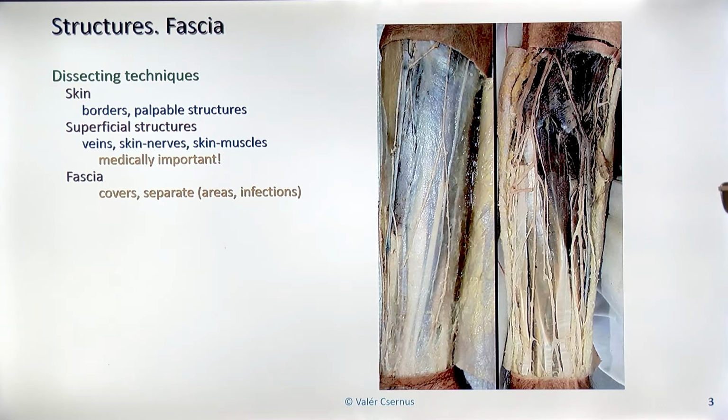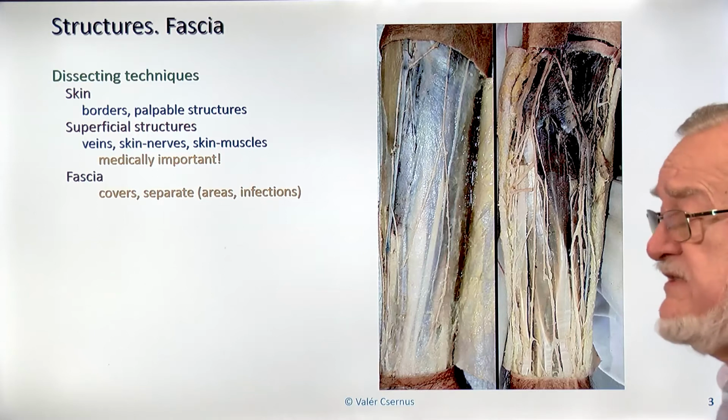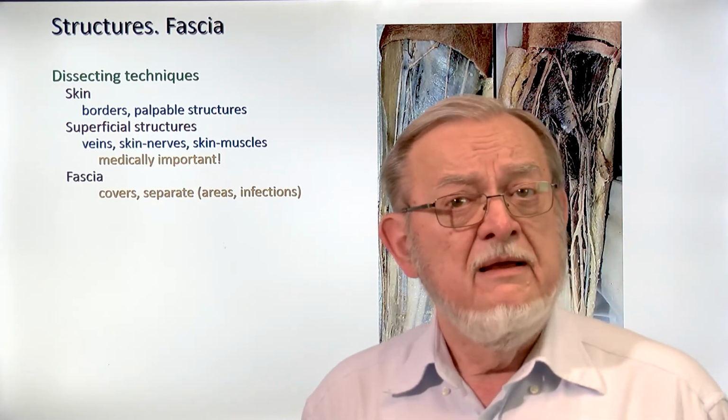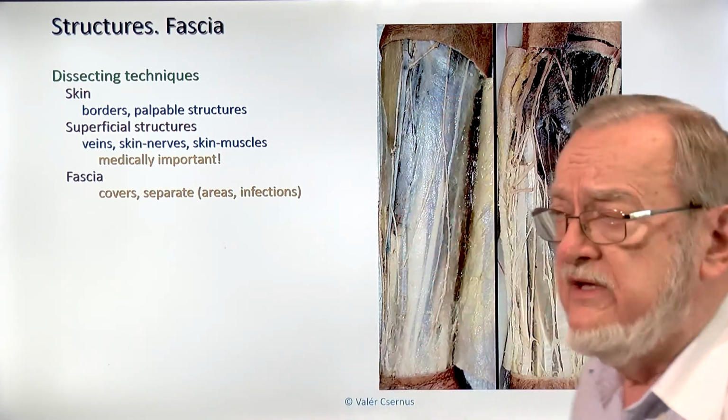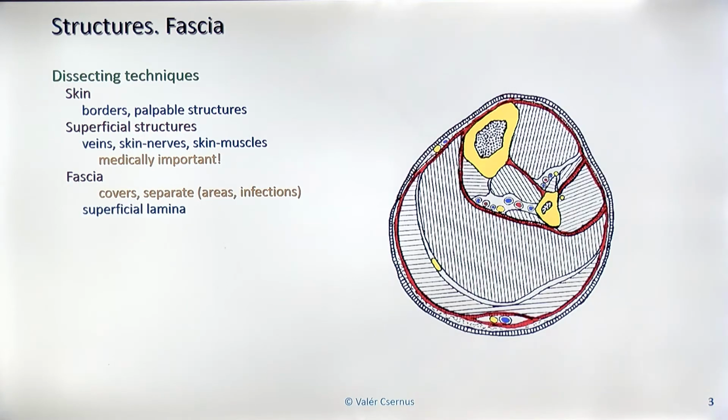This is why it's important when we want to describe the region. The medical significance is that although it's a very thin connective tissue, it very efficiently prevents bacterial penetration. So if you have a bacterial infection, it runs along the fascia, but has difficulties passing through, and using this knowledge we can foretell where and when the bacterial infection will advance.